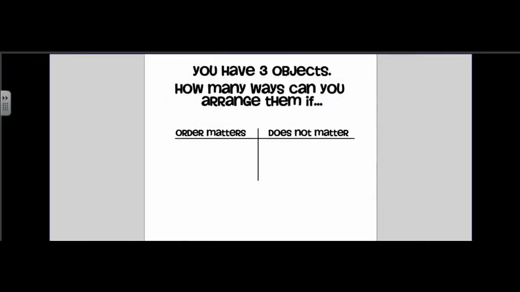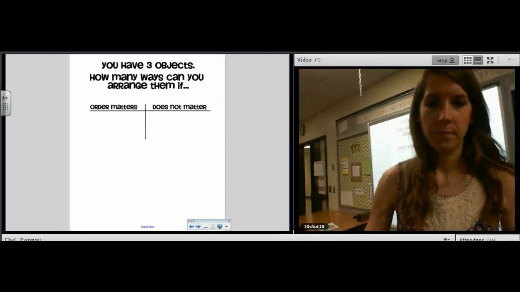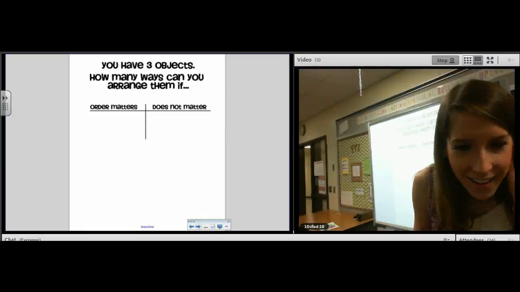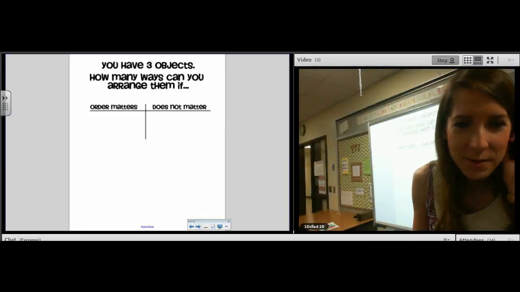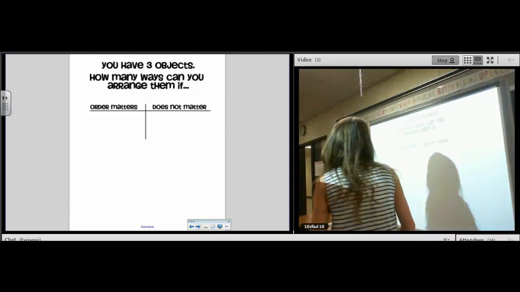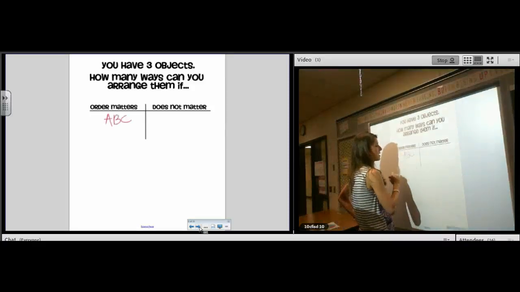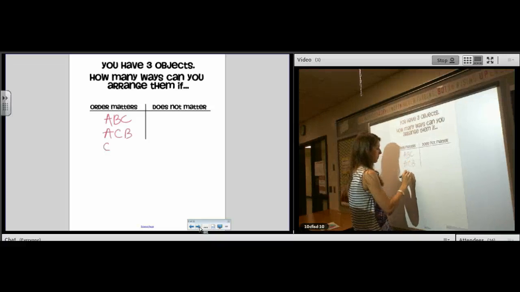So we have three objects. How many ways can we arrange them if order matters, order does not matter? If order matters, I can arrange them A, B, C. I can arrange them A, C, B. Do you get the idea? How many ways?